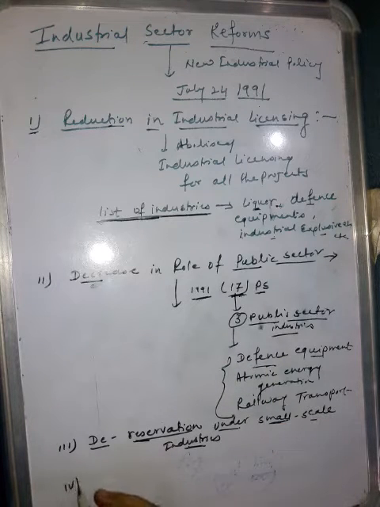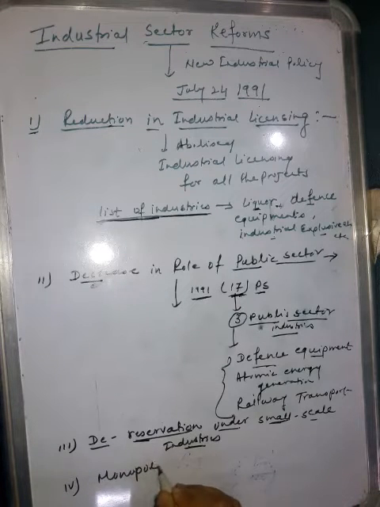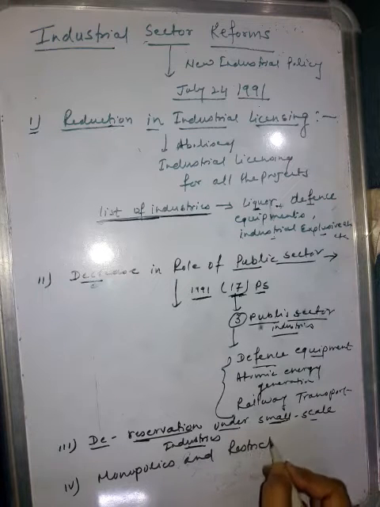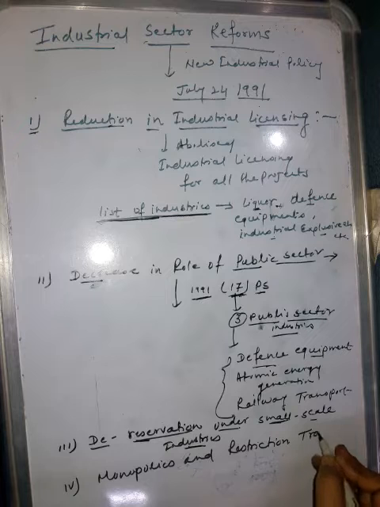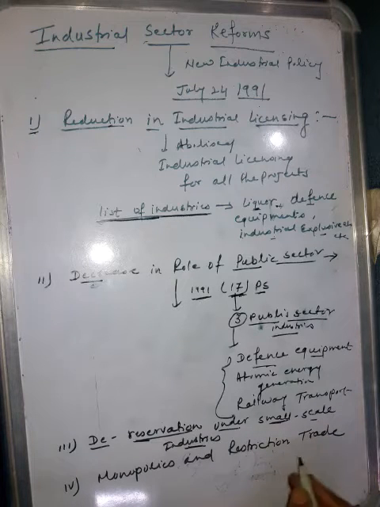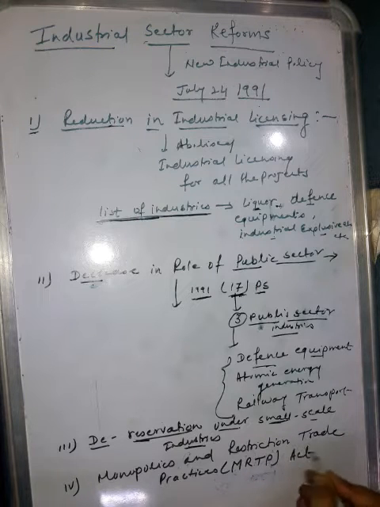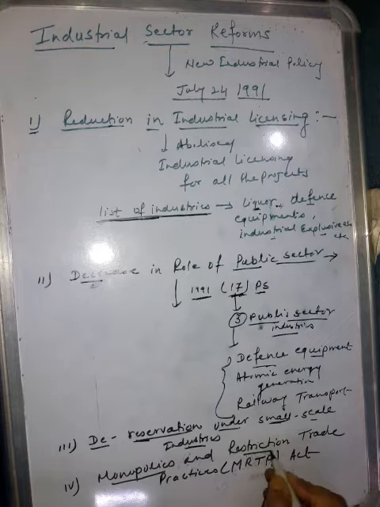Next reform started by the government is monopolies and restrictive trade practices. In short, we can say it MRTP Act. Monopolies and Restrictive Trade Practices Act, that is very much known as MRTP Act.